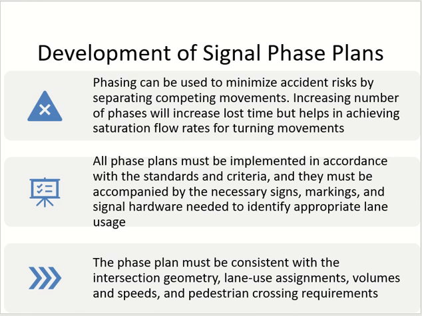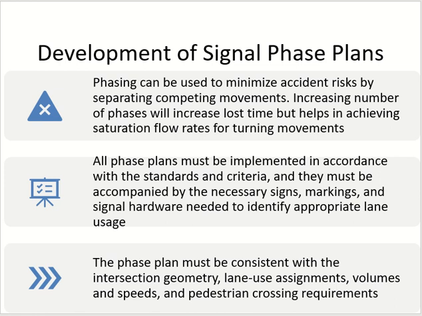Clear? Other thing, which is the opposite of this: without the conflicting movements, try to combine as many movements as possible in one phase, because it will reduce the number of phases. When you reduce the number of phases, you have less lost time and more capacity.